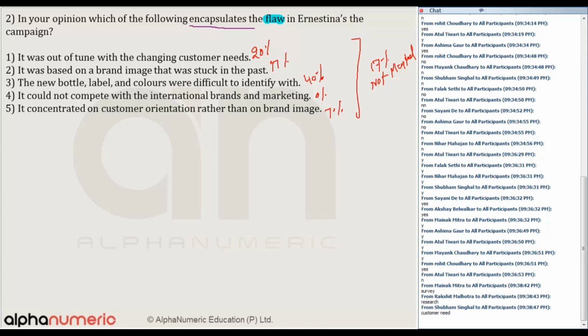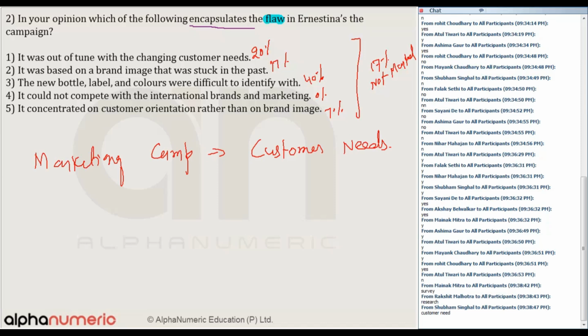Like Manek, Rakshit, and Shubham have said rightly, a marketing campaign depends upon your customer needs. It depends upon what is actually needed by the customer. Depending upon that, we need to make a marketing campaign so that the sales will increase.